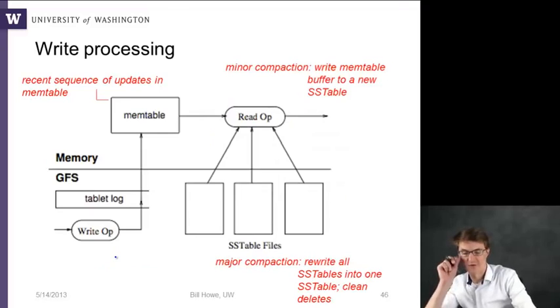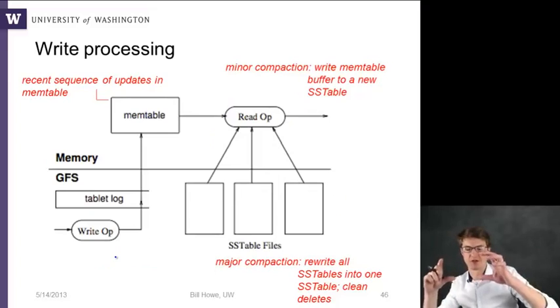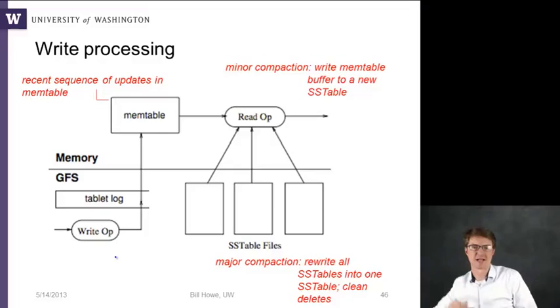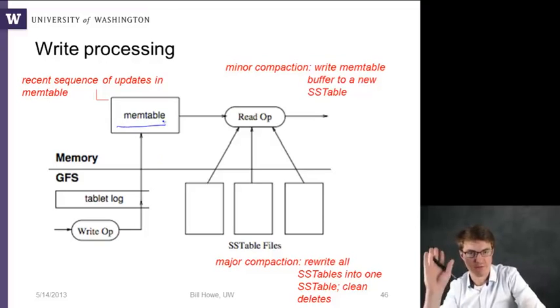Okay, so how are reads and writes handled in this system? Well, there's a table in memory that stores a sequence of updates as they occur. Okay, and a write operation adds a record into the memory resident table, but it's also written to a log for fault tolerance purposes.